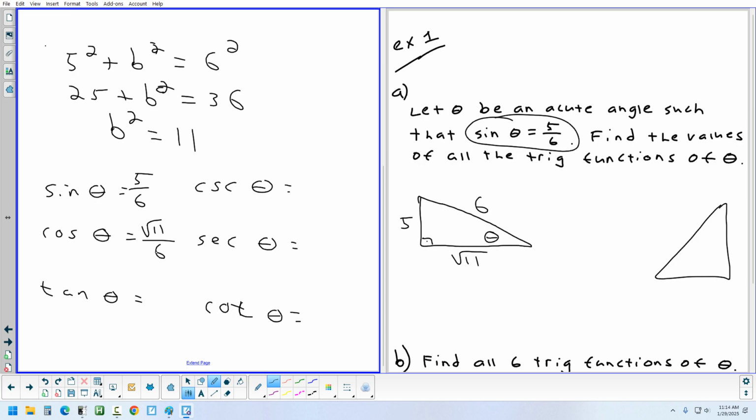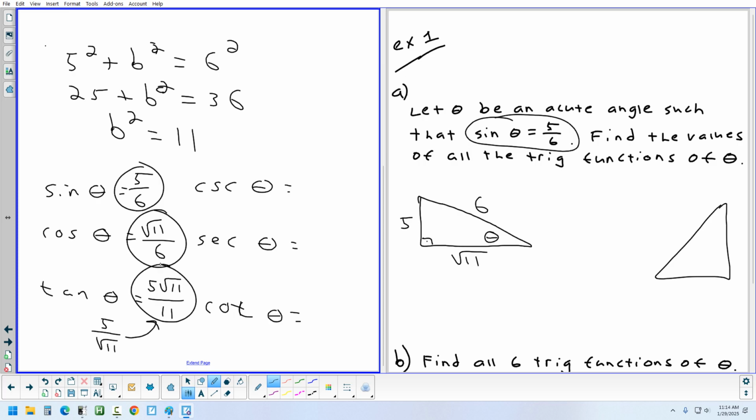And how about my tangent? 5 over square root of 11, and then when you fix that so the root's not in the bottom, 5 square root of 11 over 11. Perfect. So if you do end up with a square root at the bottom, we gotta fix that. So that's what we started with, and then we fixed it. All right.